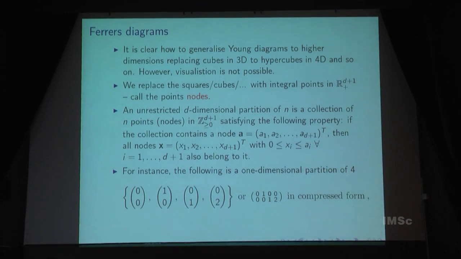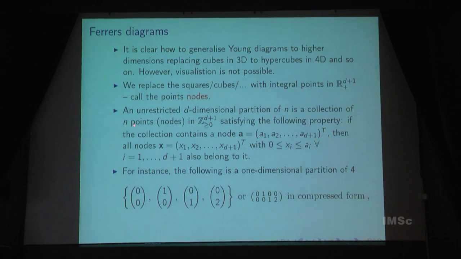If you have a 4D cube, this plane is only 2-dimensional, so I can do some projections, and I will show you some pictures, but after a while it's not worth thinking that way, and so one replaces these Young diagrams with Ferrers diagrams, and the idea is very simple. You just replace every square, cube, or whatever with a point. Just think of shrinking every guy to a point.